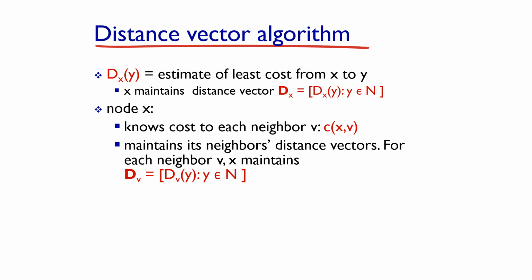That is the meaning of d of x, y. Then node x knows the cost to each of its neighbors, represented as c of x, v. And node x also maintains its neighbors' distance vectors. For each neighbor v, x maintains a distance vector.